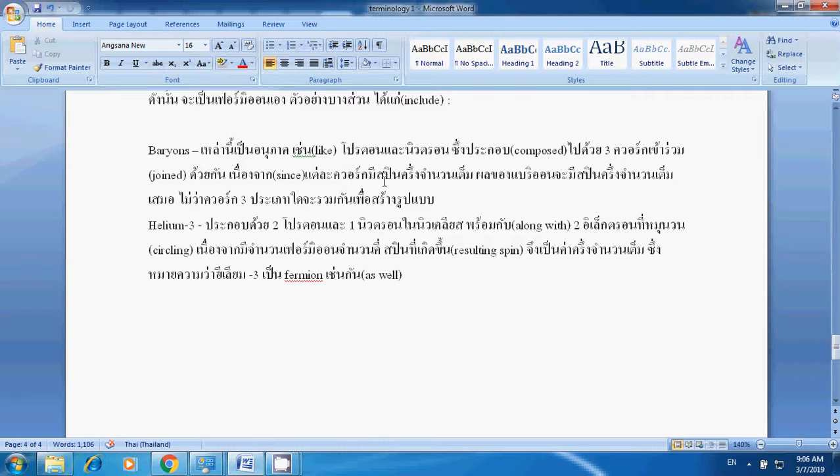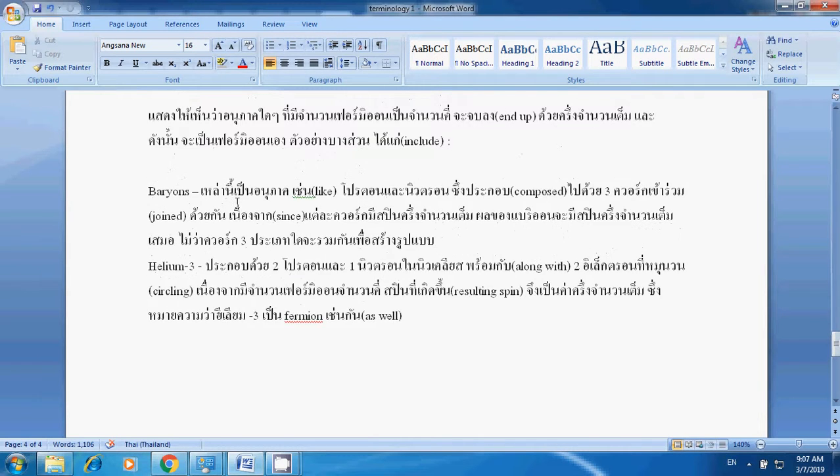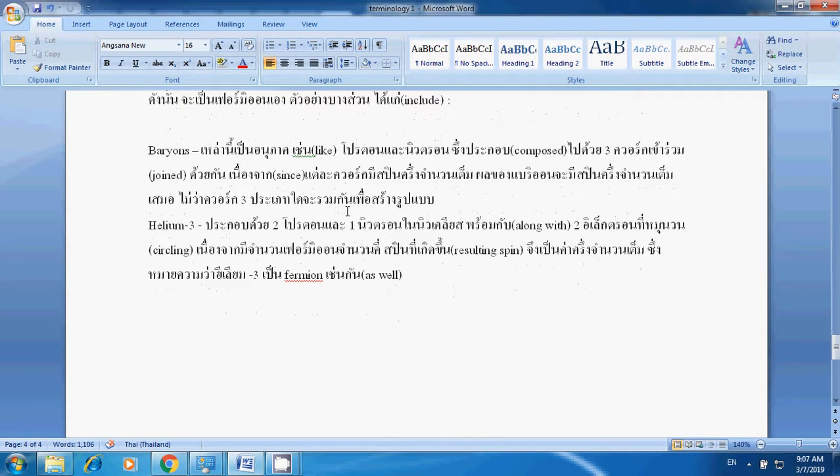Since each quark has half integer spin, the resulting baryon will always have a half integer spin. It doesn't matter which 3 quarks they are, they will combine to form a structure.